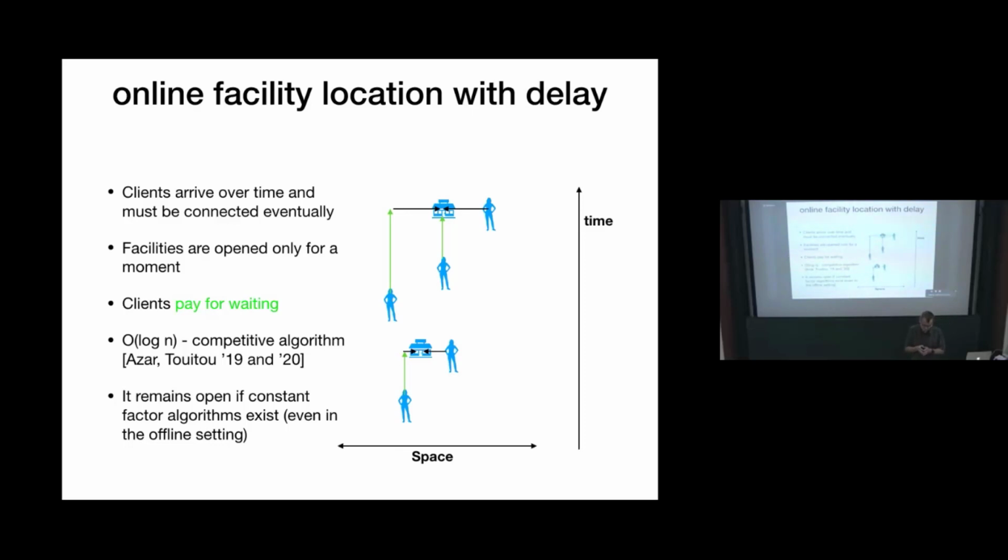Let me say what that is. Competitive analysis is almost like approximation analysis, but you compare yourself with the cost of a solution computed by an algorithm that has all the information. So it is open if you can do it with constant factors.